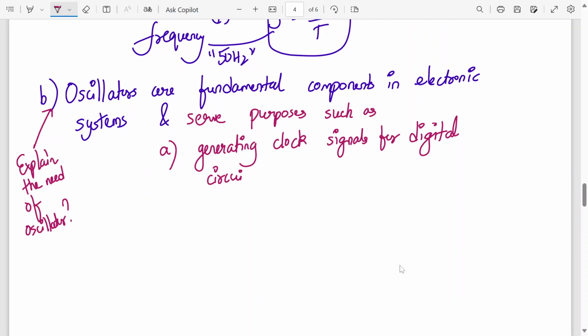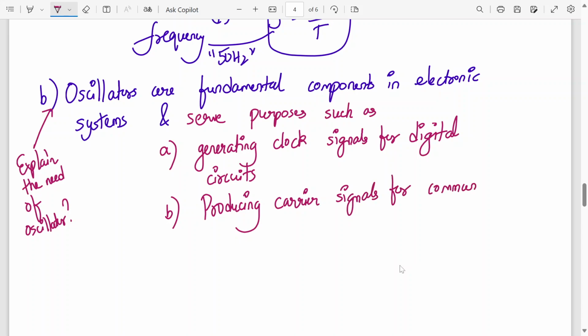So oscillators are fundamental components in electronic systems and serve purposes such as generating clock signals for digital circuits, producing, just keep on writing, carrier signals for communication systems, generating carrier signals for communication systems.